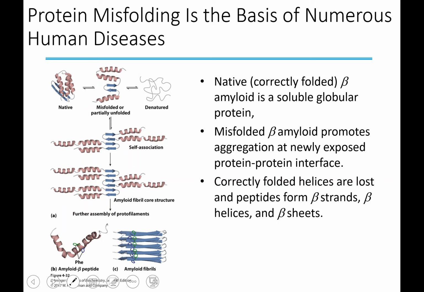That fibril structure becomes very damaging. Some other diseases that the book talks about are protein misfolding diseases. The beta amyloid is part of the problem in things like Parkinson's disease and Alzheimer's.